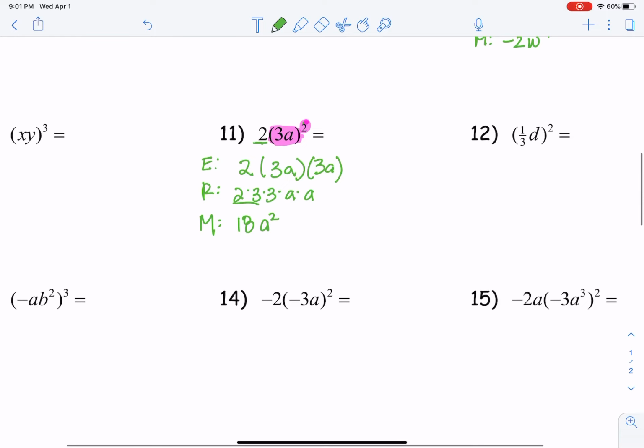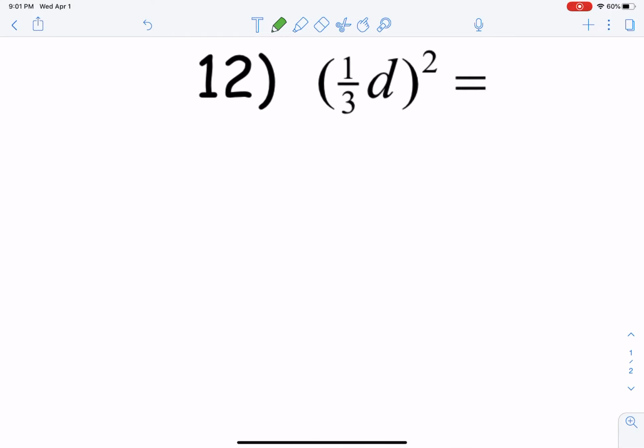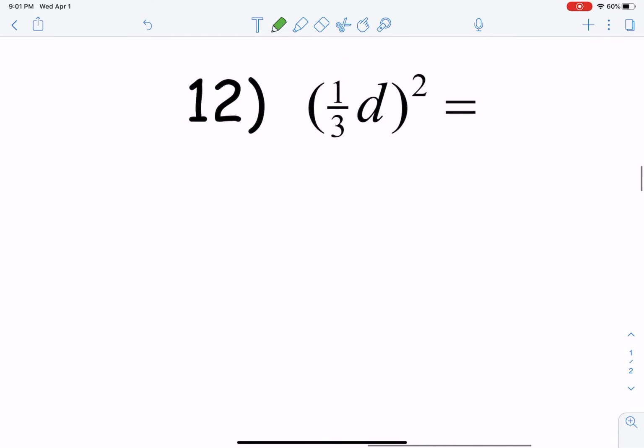Okay. Now, the last one that was missed a lot was number 12. And that's because it contained probably fractions. So you already know, what is this exponent here attached to? It's attached to everything inside this parentheses.